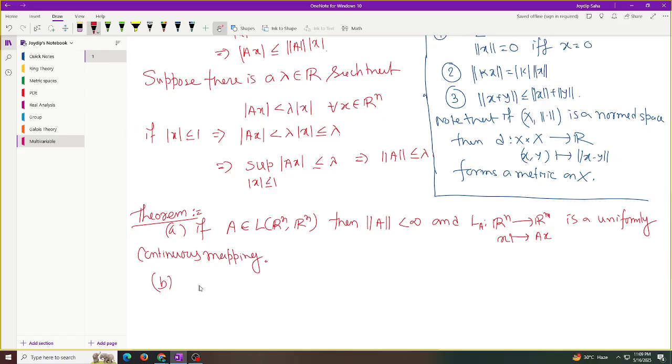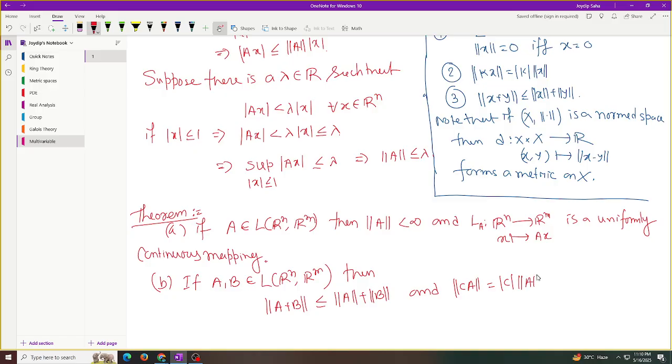Just, if A, B belong to L(R^n, R^m), sorry, this is M, then norm of A plus B is at most norm A plus norm B, and we are just checking that it is actually a norm function.